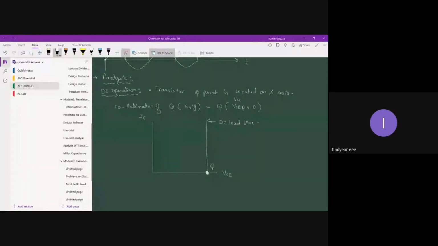Let us mark it: VCC comma 0, because I have already told you the VCQ value itself is VCC. So that's your DC load line.